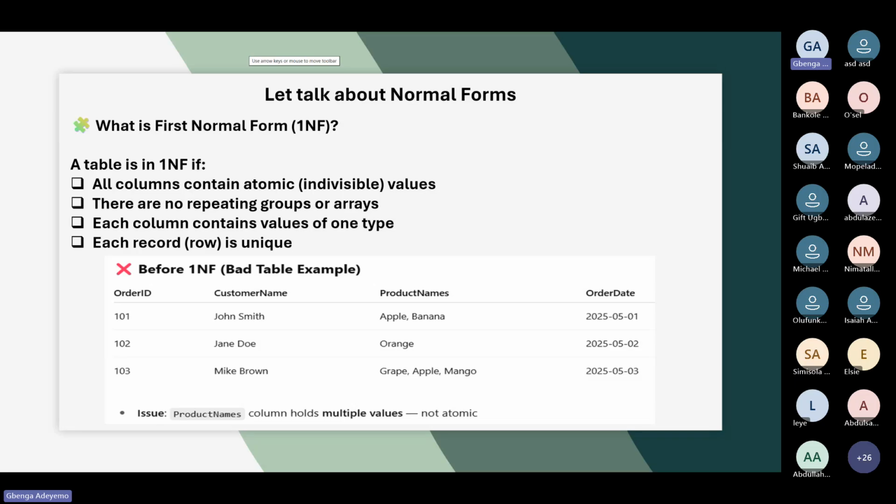What's your observation about this table? Product name has arrays of values. All records are unique. Product name has more than one value. Yes. So you see that this is not one normal form.